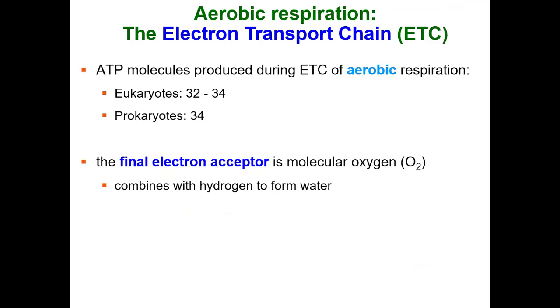And like I said, in the electron transport chain of aerobic respiration, the final electron acceptor is oxygen. So the electrons end up at oxygen, which then combines with hydrogen to form water. Any question about any of that?